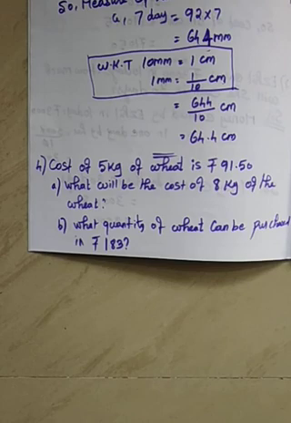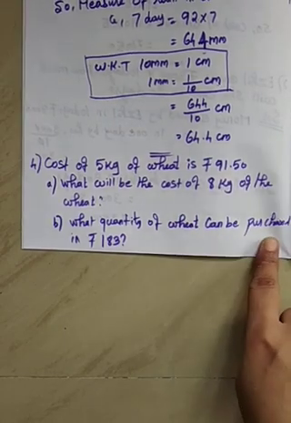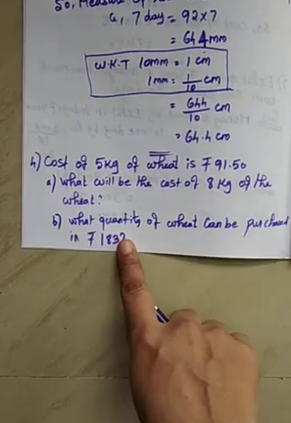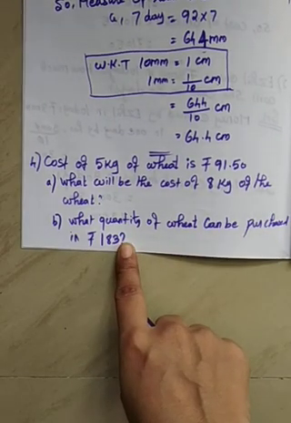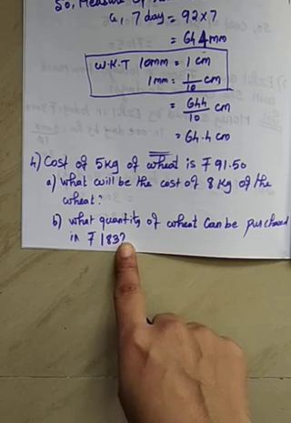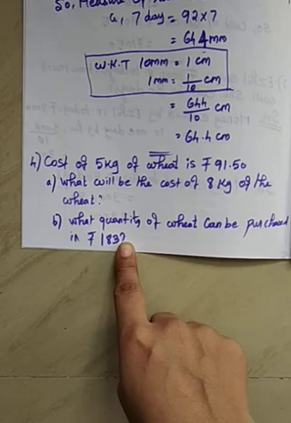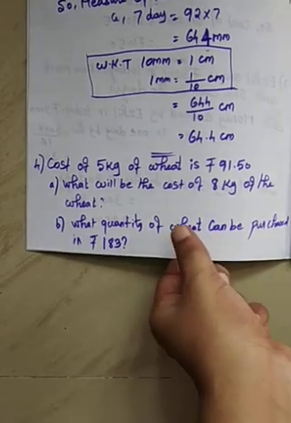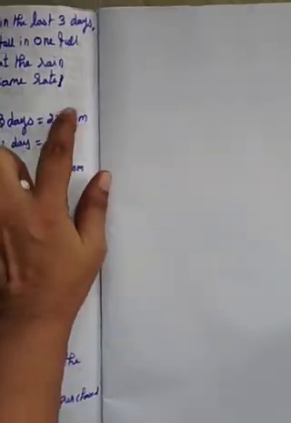After that you have to find what is the cost of 8 kilogram of the wheat. Then next one, what quantity of wheat can be purchased in rupees 183. Rupees was given. Now you have to find what quantity of the wheat can be purchased. Okay, see here, this problem is very interesting.